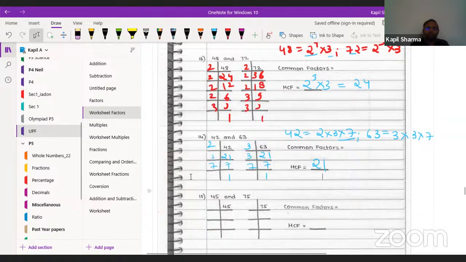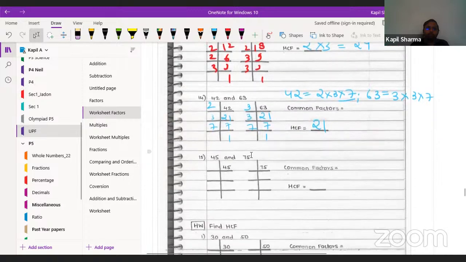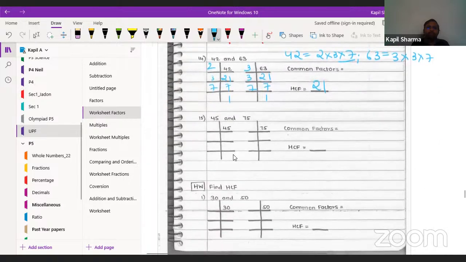Okay, last one. 45 and 75. So 3 times 15, 3 times 5, 5 times 1. 75, 5 times 1, 5 times 5.